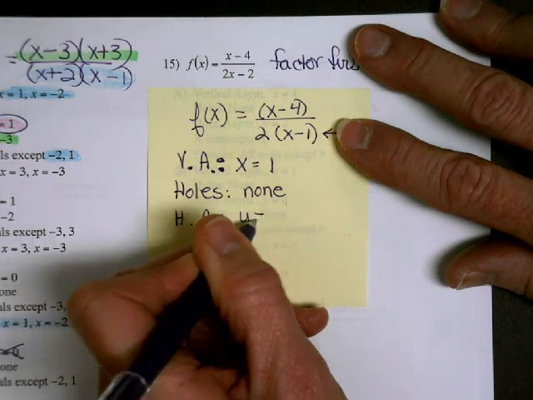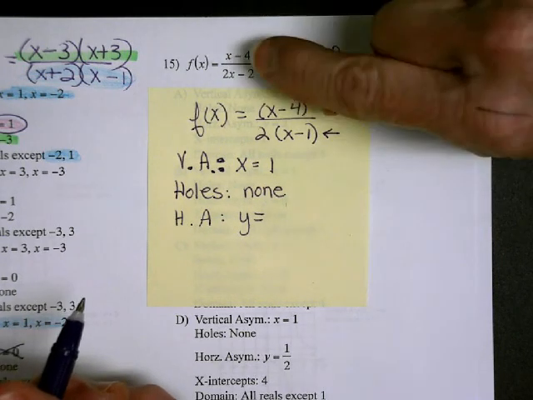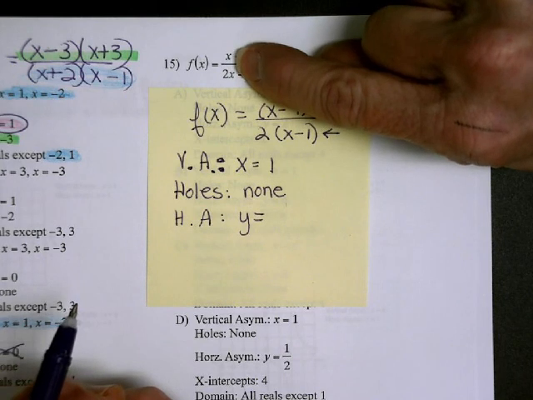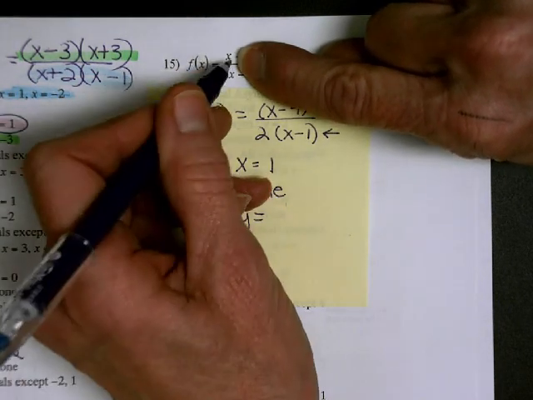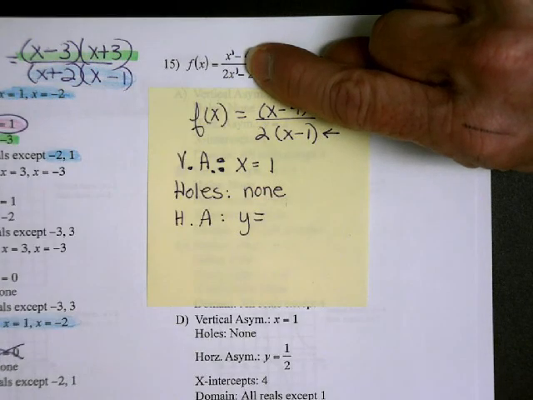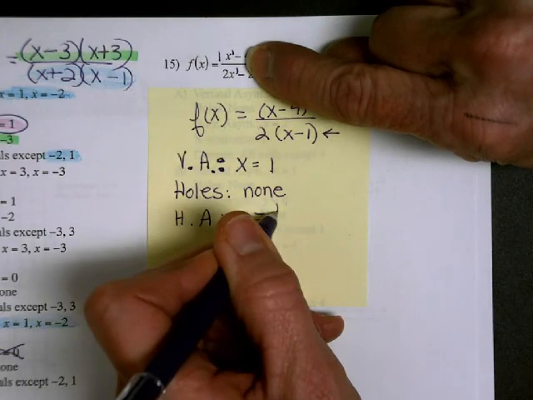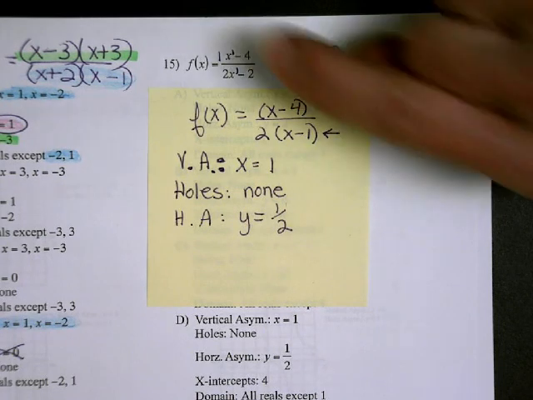Okay, now the horizontal asymptote is what y is equal to. These rules change every time there's a different circumstance between the numerator and denominator. So you've got to go back to the original function, and if these two are the same, like this is x to the first and that is x to the first, I can just take their leading coefficients and write them like a ratio.